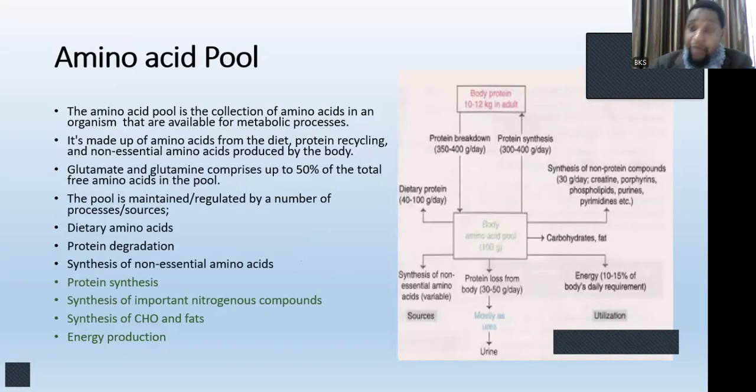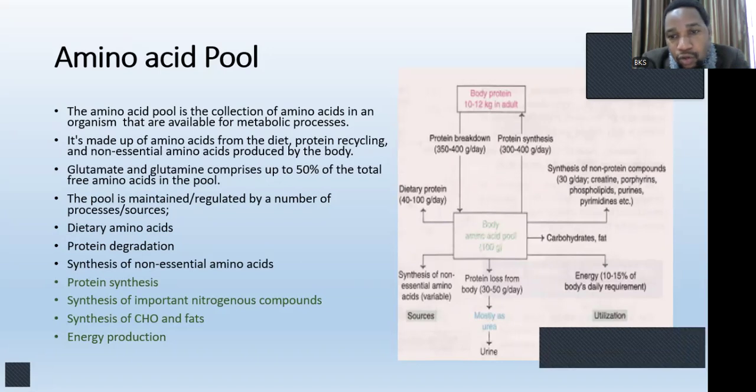Okay, so starting with this class, I will begin by defining what the amino acid pool is. We said the amino acid pool is the total number of all the free amino acids found in a biological system or in an organism that are available for activity or metabolic processes.